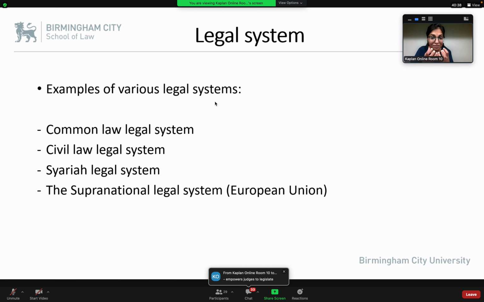Okay, this is a system which allows the courts to make laws, develop laws. So there is weak separation of powers between judiciary and legislature because of this. Legislature is basically parliament.